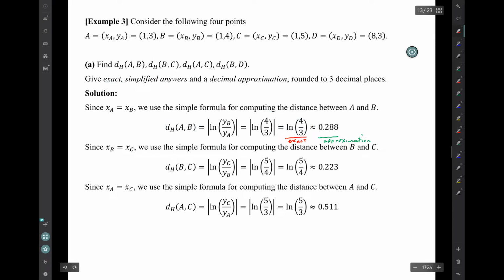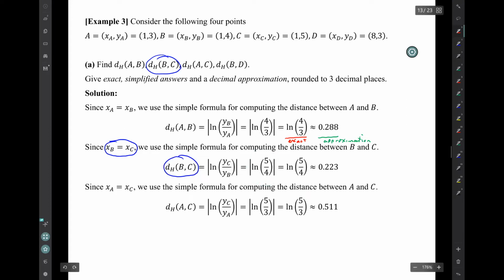Let's go on. To compute the Poincare distance between B and C, we again note that those 2 points have the same x-coordinate, so we can use this simple formula for computing this distance. It's this computation involving the log of the ratio of the y values.